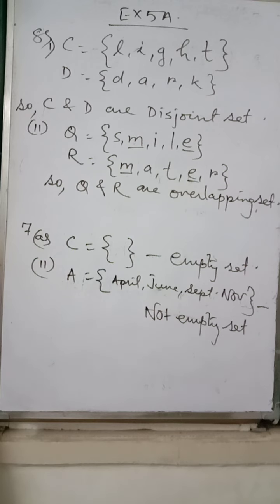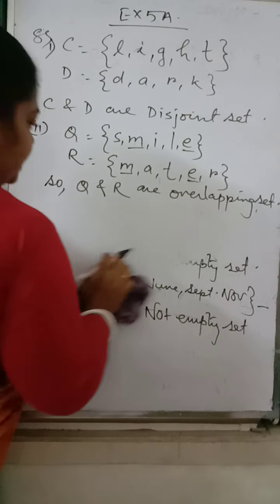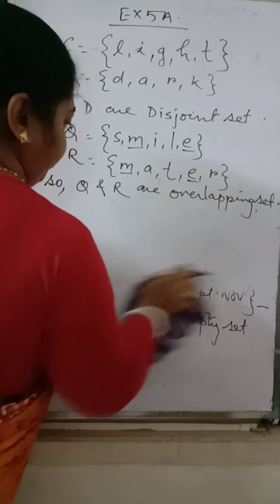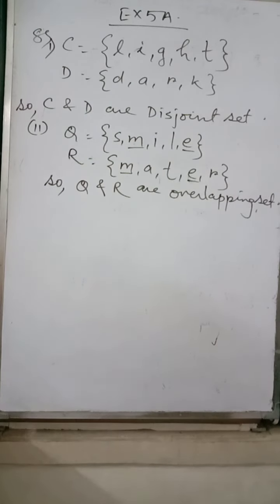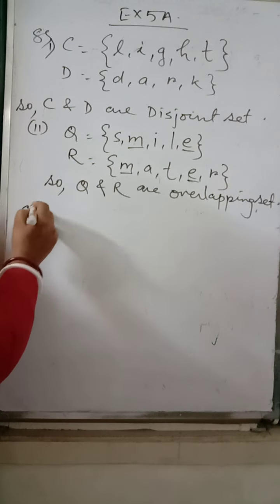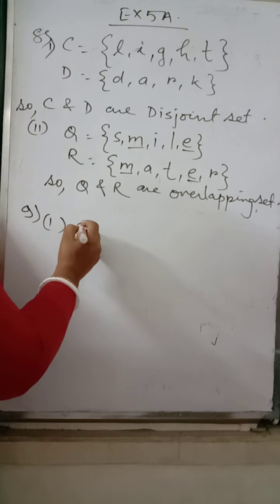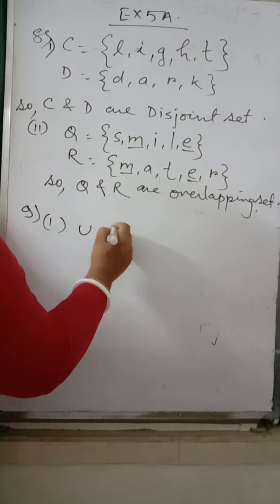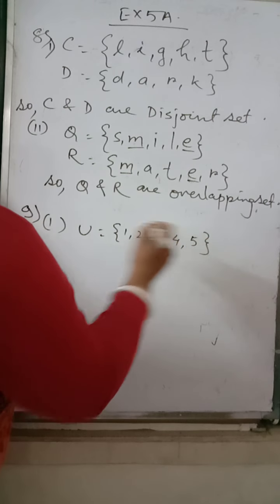Question number 9. Equal sets or equivalent sets. A pair of sets is equal if the members are the same. And it is equivalent if the cardinal numbers are the same. Now you can see number 9, 1. It is given U is equal to 1, 2, 3, 4, 5.